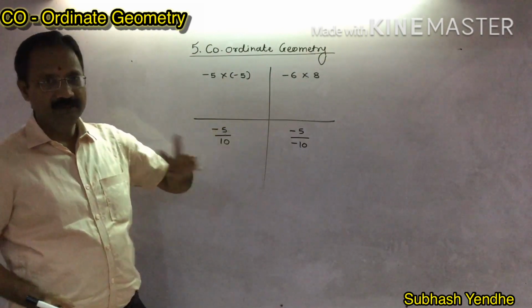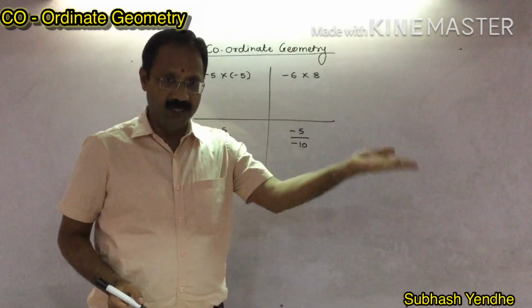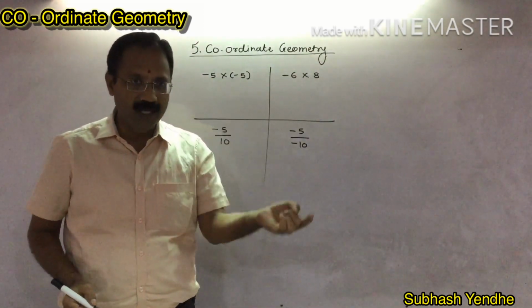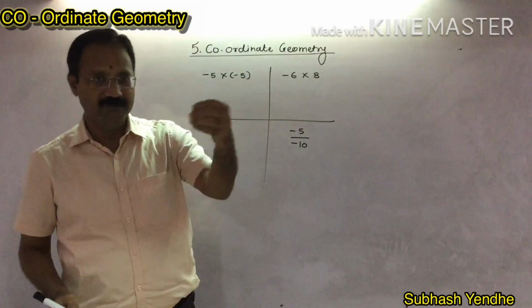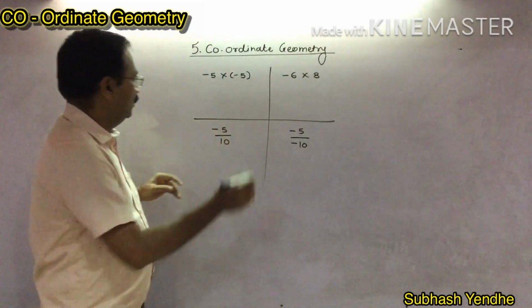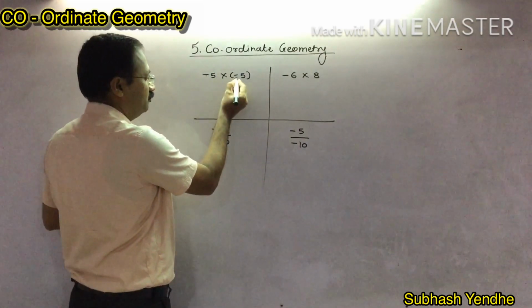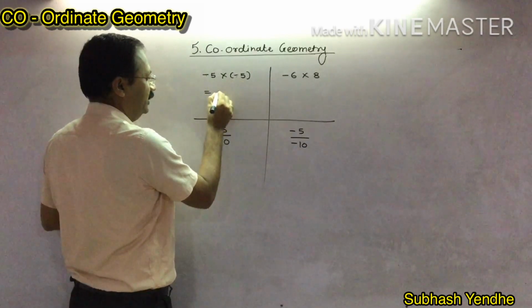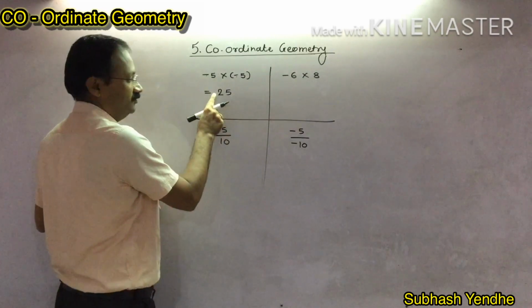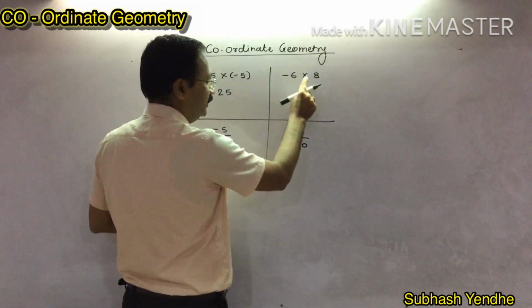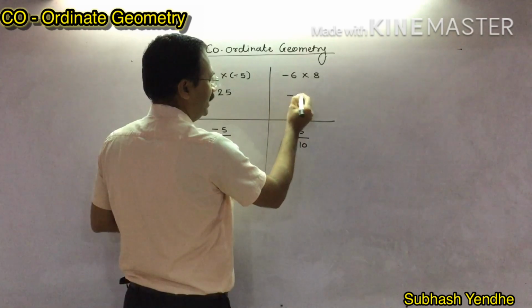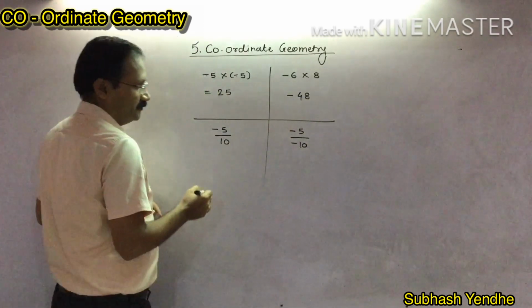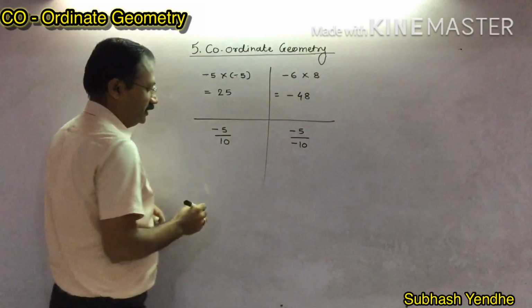In multiplication, minus into minus is plus, and minus into plus or plus into minus will be minus. So this is minus into minus, so it will be plus. So 5 into 5, 25. So you will get plus 25. Minus into plus, it will be minus. 6 8s are 48. So your answer is minus 48.